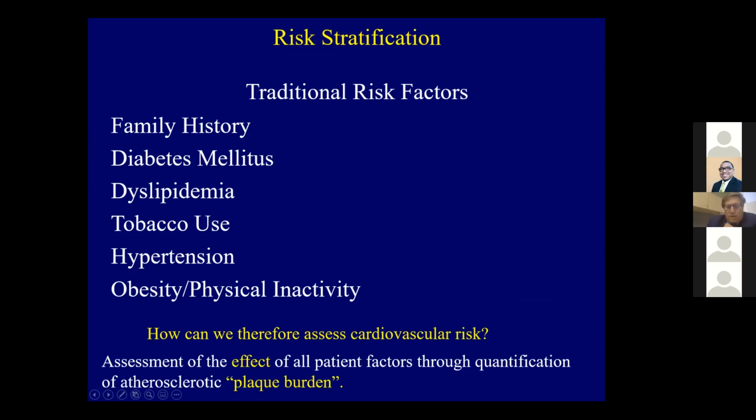What we need to do is assess for the effect of all patient factors through quantification of atherosclerotic plaque burden. It's taken us 70 years to figure out 5 factors. There are probably hundreds to thousands of factors that we may not ever fully identify. So the answer is to look at it from the other end and say, does this person form plaque, and do they form more plaque than their peers do?